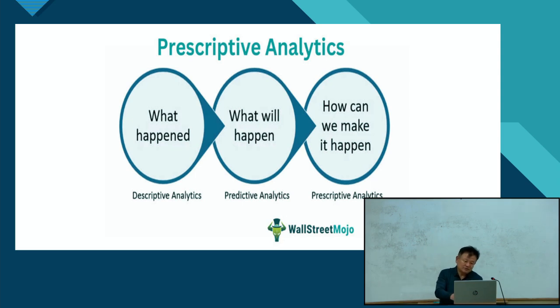So what happened? It is history, that data, the past performance and the trend. It is what happened. And next, what will happen? They guess the future and find what might happen in the future.